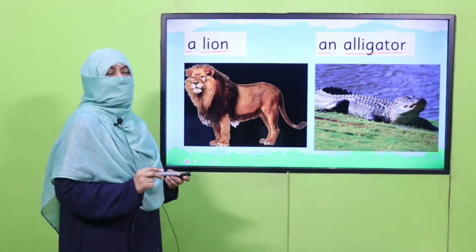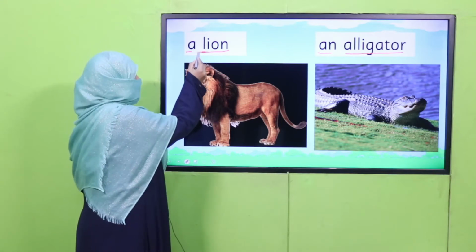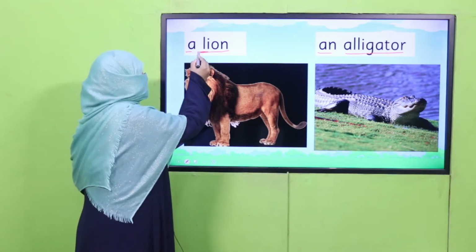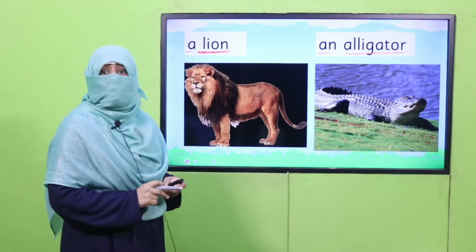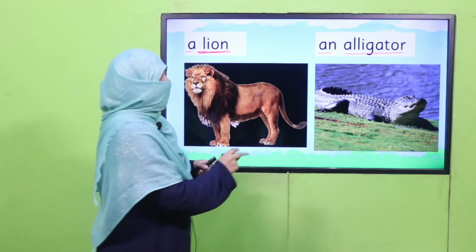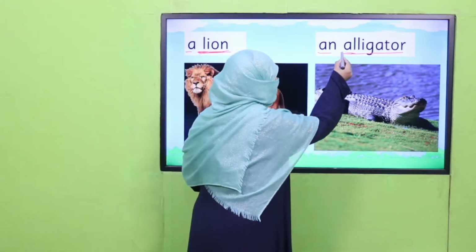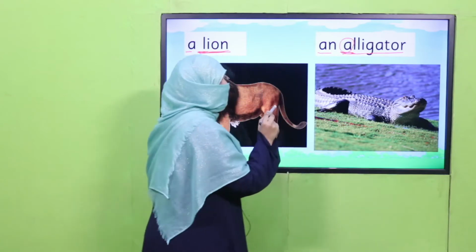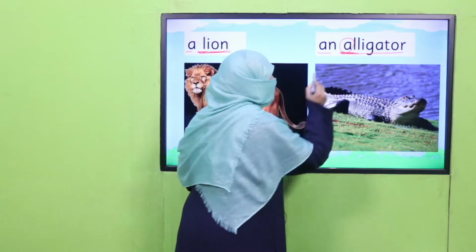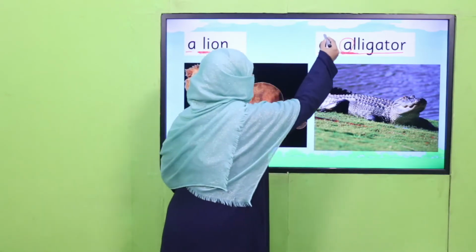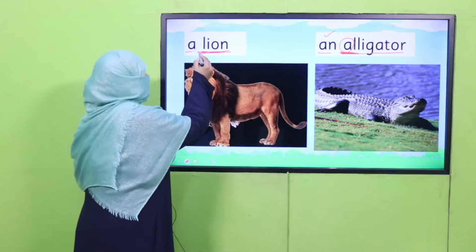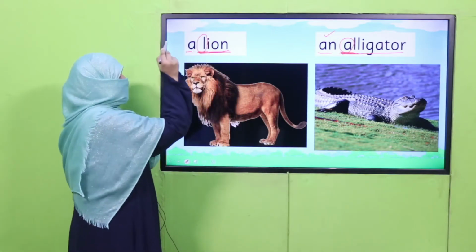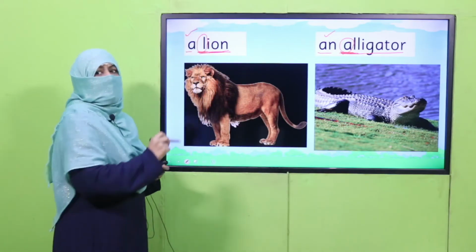It sounds funny. Because for lion, the initial sound is a consonant sound. And for alligator, the initial sound is a vowel sound. So if the vowel sound is the initial sound, we'll use the article an, and if the initial sound is a consonant sound, we will use a.